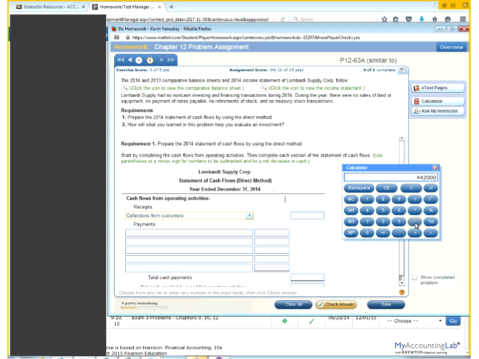So I'm going to take the 442 and subtract out the $9,700. And I don't see any other items of income coming in. Okay, so I've got 432,300. I'm going to need to verify I'm not missing anything as we go through this.